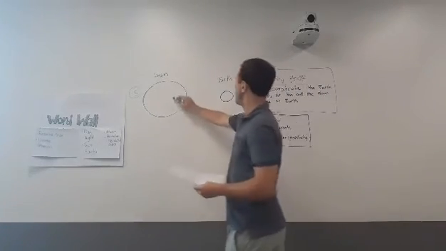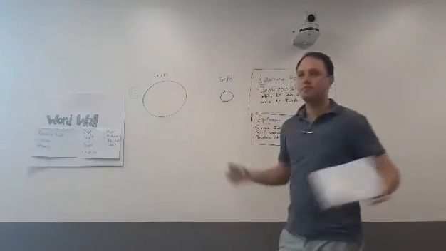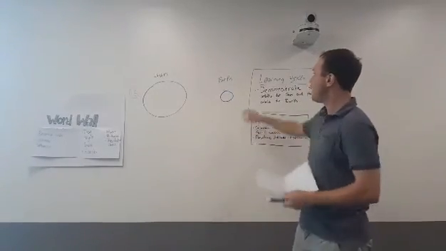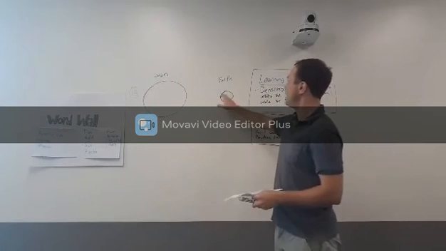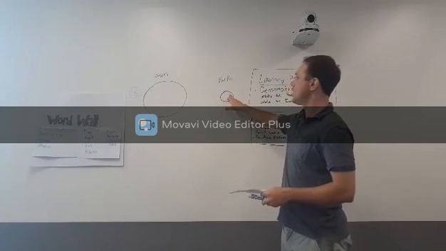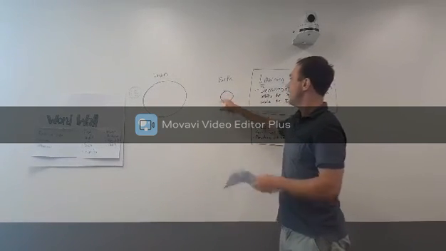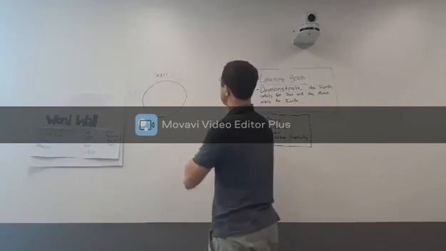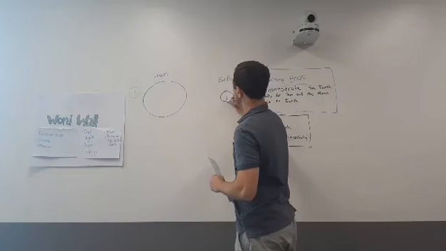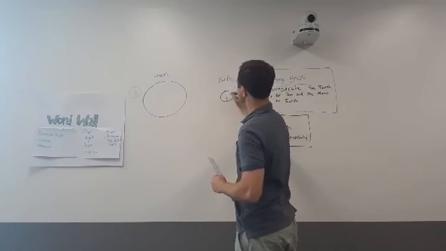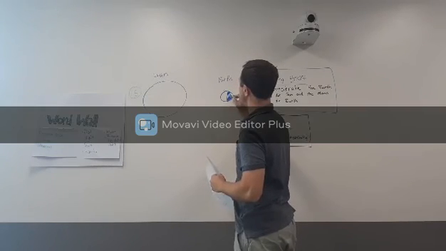Okay, so if this is my sun, this is my Earth, if it's daytime, what part of the Earth is going to be in the daytime? Will it be this side or this side? This side, you think. Okay, and so remember that when light shines on it, it's going to be this half is in the sunlight, and so we're going to shade the other side to show that that's nighttime.